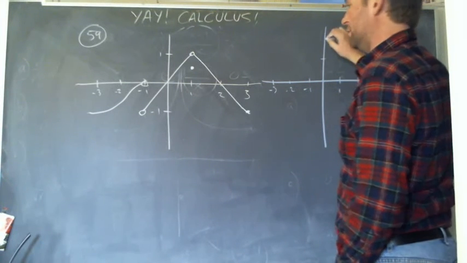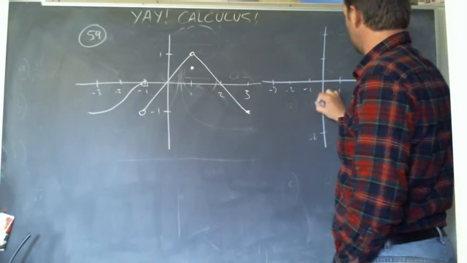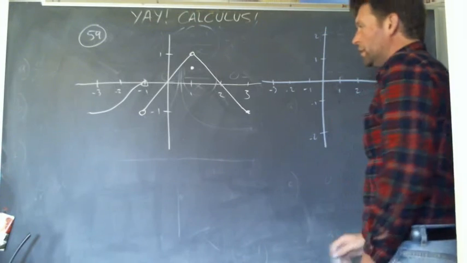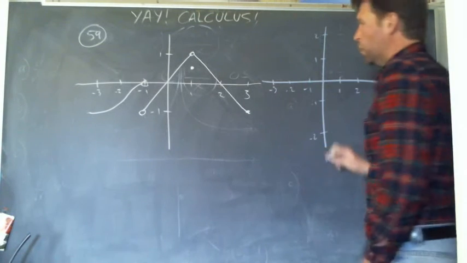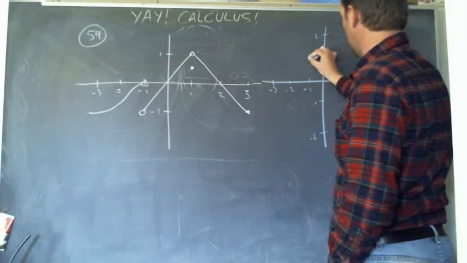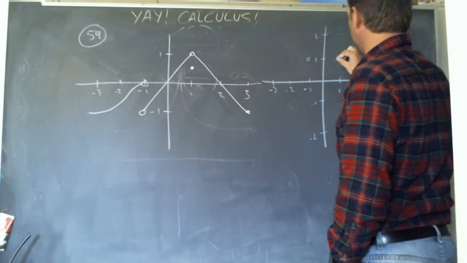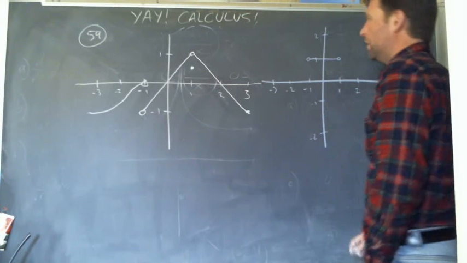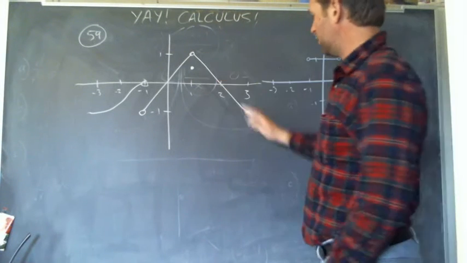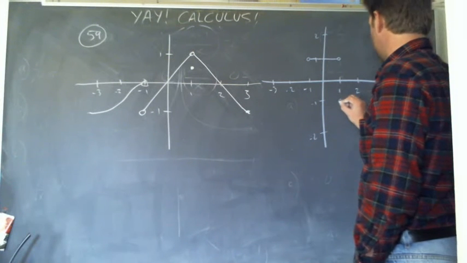Yeah, so there's 1, 2, -1, -2. So from -1 to 1, slope is just 1. And we don't have a slope at the endpoints. So we're going to put an open circle here. And then our slope is -1 thereafter, -1 from 1 to 3.